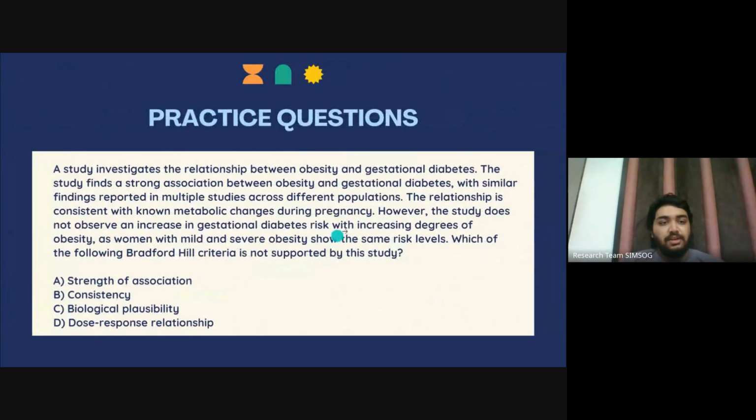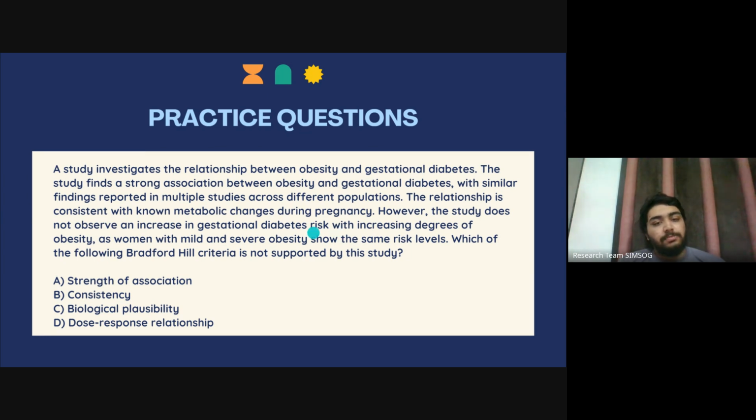Next question. A study investigates the relationship between obesity and gestational diabetes. The study finds a strong association between obesity and gestational diabetes, with similar findings reported in multiple studies across different populations. The relationship is consistent with known metabolic changes during pregnancy.